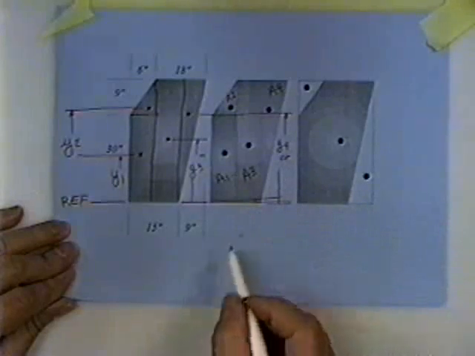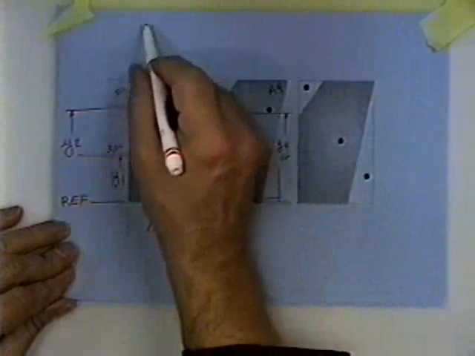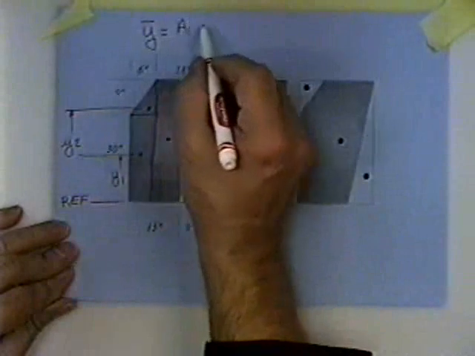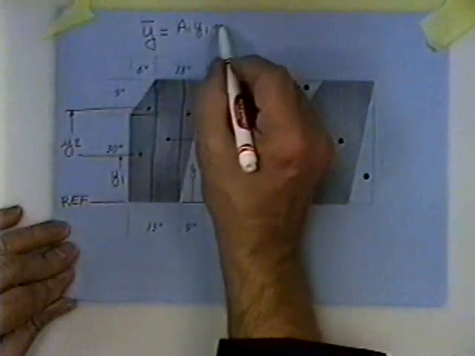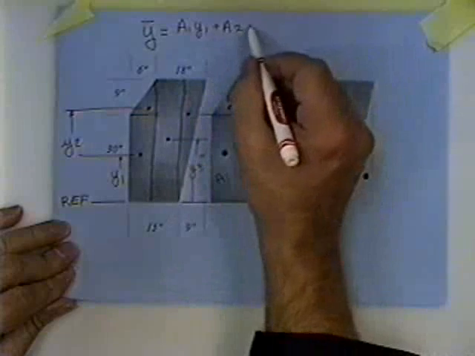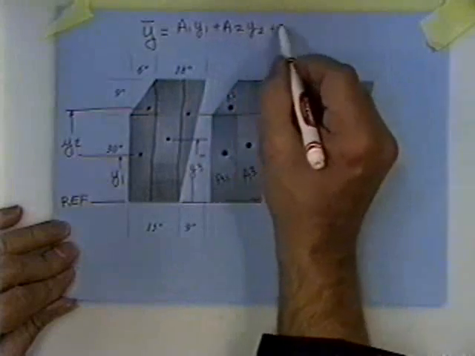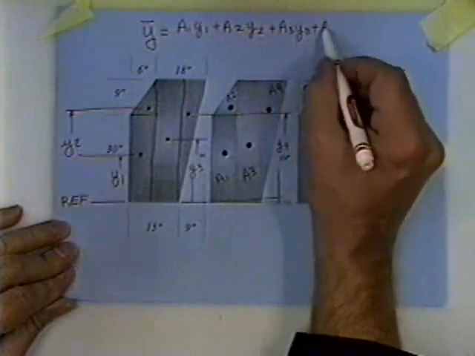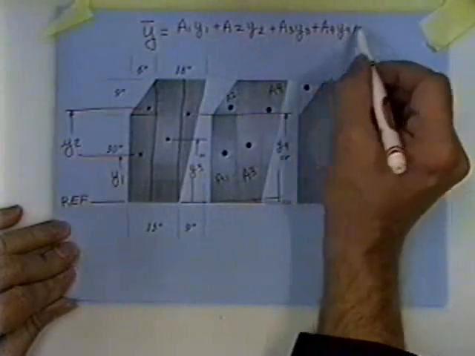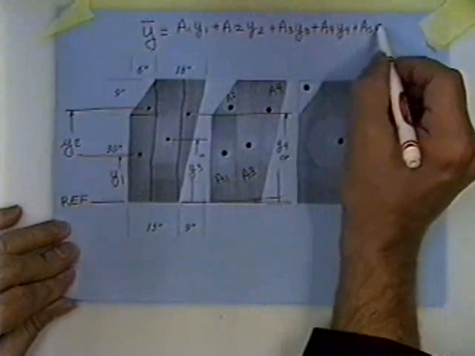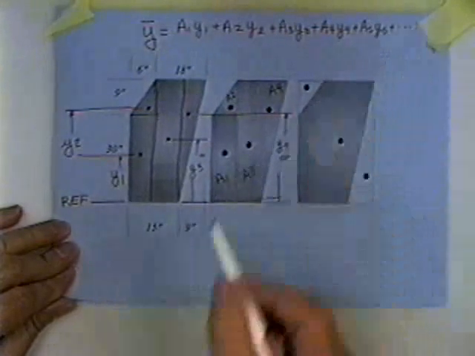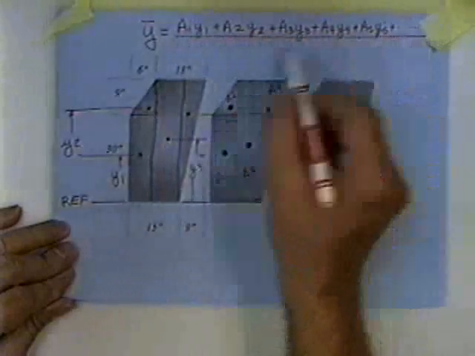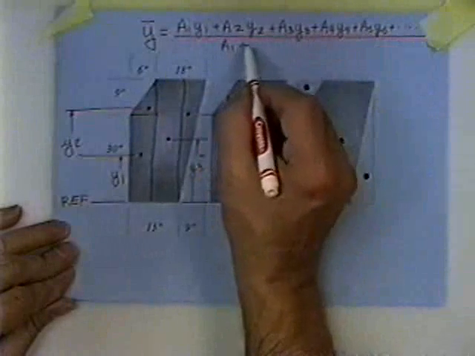Your equation for how high the centroid is given by Y bar is equal to A1 Y1 plus A2 Y2 plus A3 Y3 plus A4 Y4 plus A5, however many of these things you've got, you just add them all up and you divide by the sum of the areas.